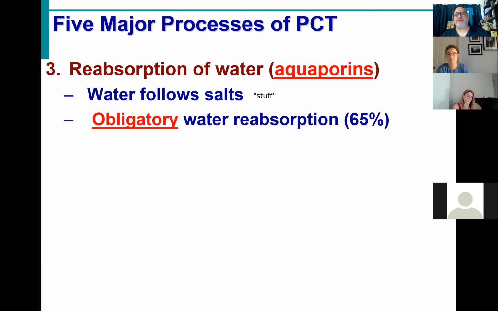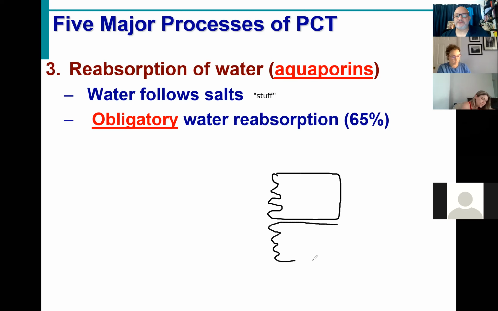All right, so again, if you think about this, let's go ahead and draw this because I want to make one more point on this. So here we'll put two of the absorptive cells here in our proximal convoluted tubule, which, as we talked about, have those tight junctions between them.